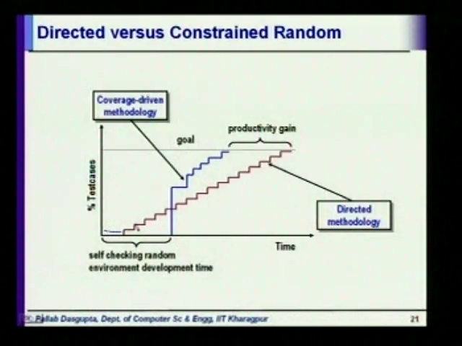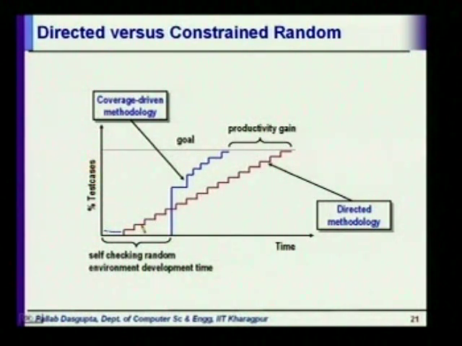As you start coding them, you see the coverage grows, because you write one directed test bench. When you simulate that, your coverage grows a little. Write the next directed test, it grows a little more. Write the next directed test, you have covered a little more.